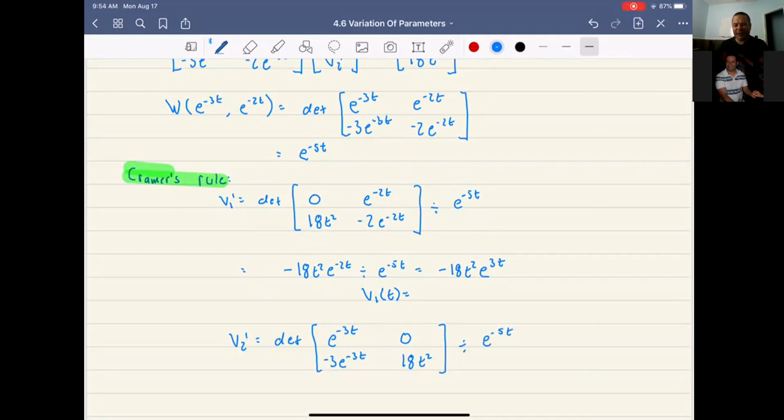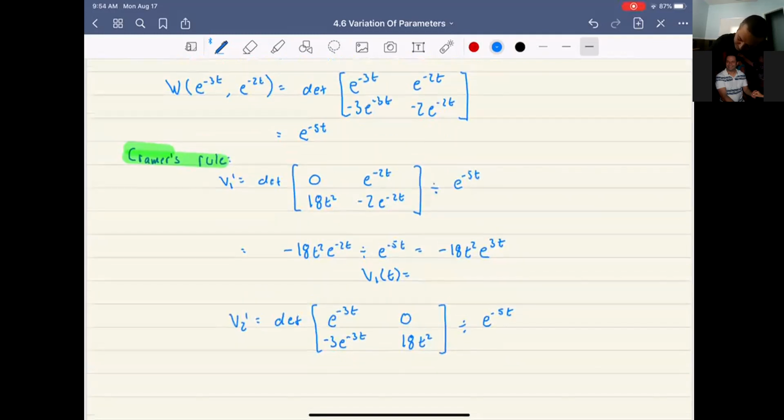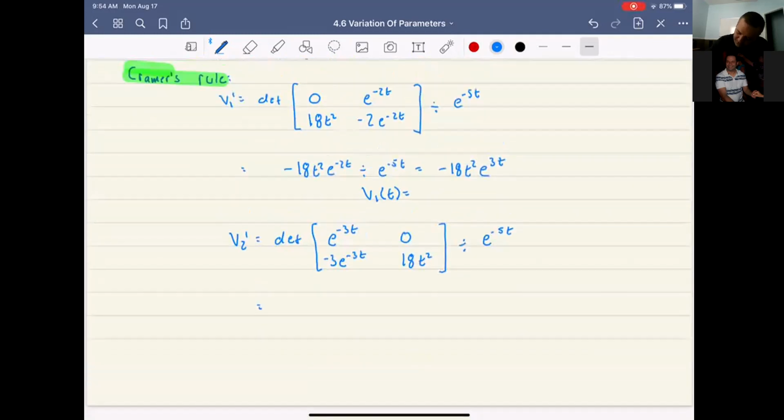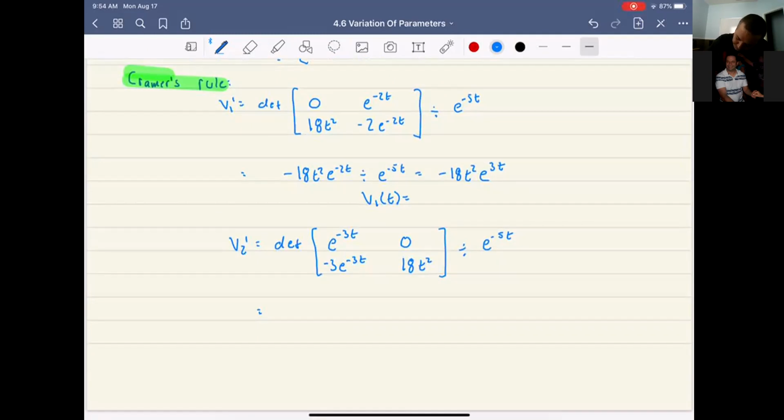Okay, so that's going to be 18t squared e to the negative 3t divided by e to the negative 5t.